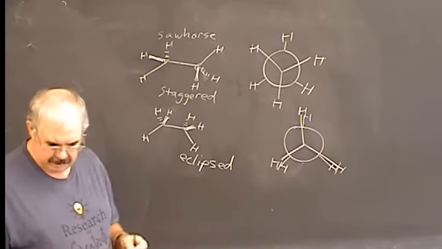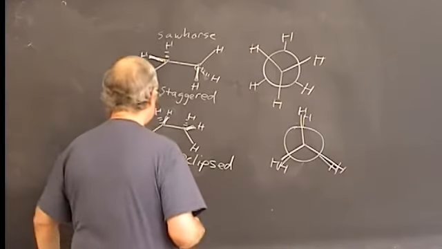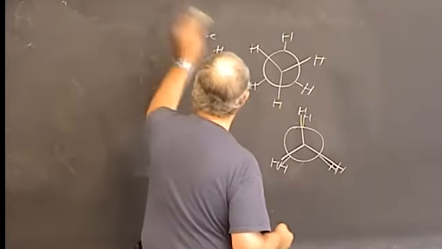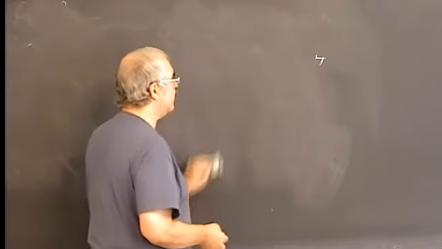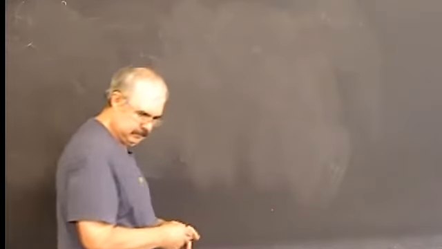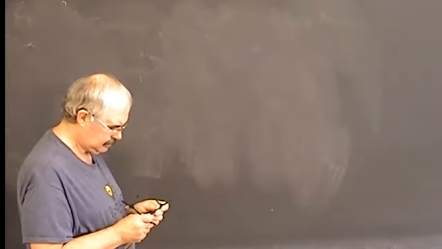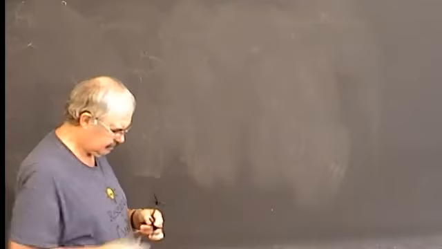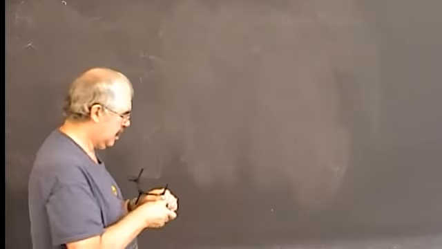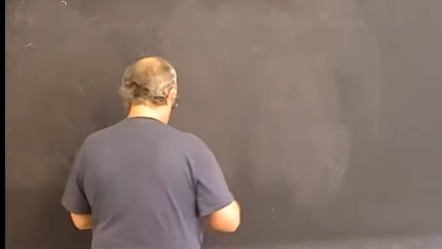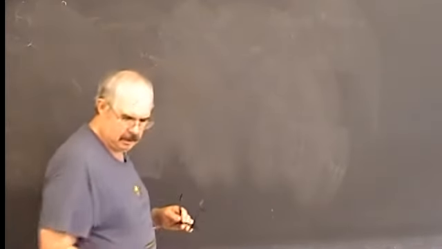For butane, again, we can draw sawhorse and Newman projections. So here I have butane. And we'll start with what we call the fully eclipsed.